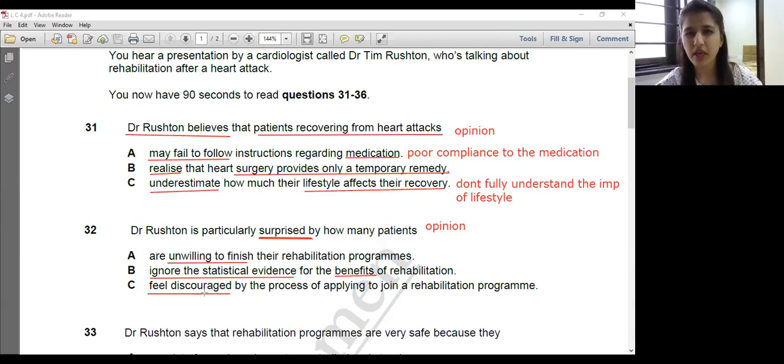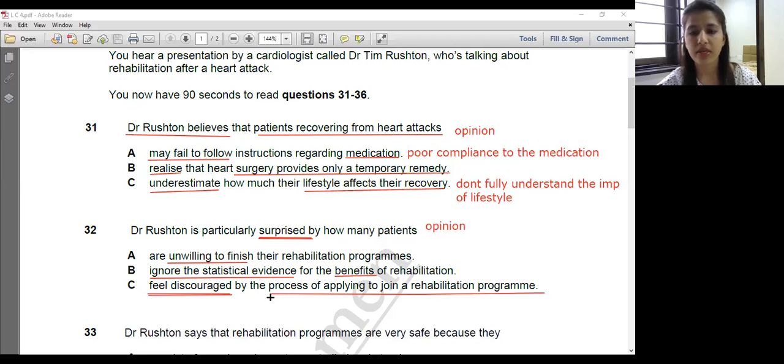So that gives me an idea that he's surprised by the patients' negative attitude. But negative attitude about what? About not completing the rehabilitation program, or their ignorance towards the facts, or how they feel discouraged by the process of applying to join a rehabilitation program.